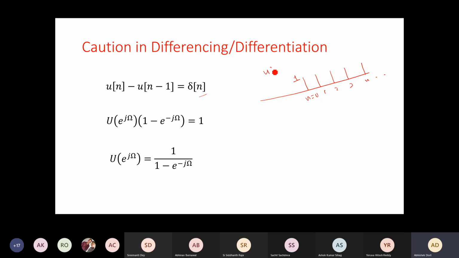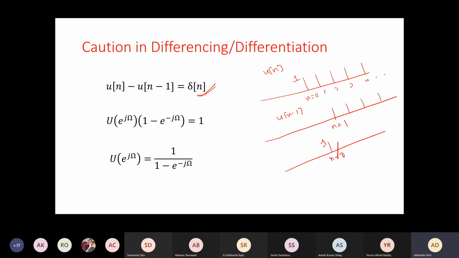This is u[n]. What is u[n-1]? u[n-1] is this signal. It starts from n equals 1. If I take the difference of u[n] and u[n-1], of course, I will get 1 at n equals 0, which is δ[n]. Okay. So I know that this expression is correct.